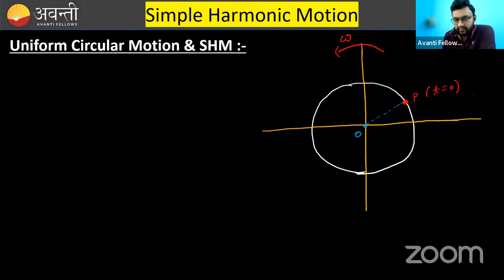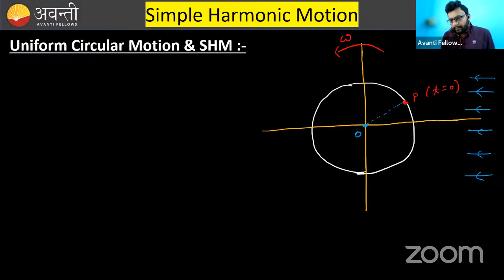Now, what if I say that there is a light coming from this side, and at the place of this y-axis, I have placed a screen. Clear? And light is coming from this side. And this is a screen.